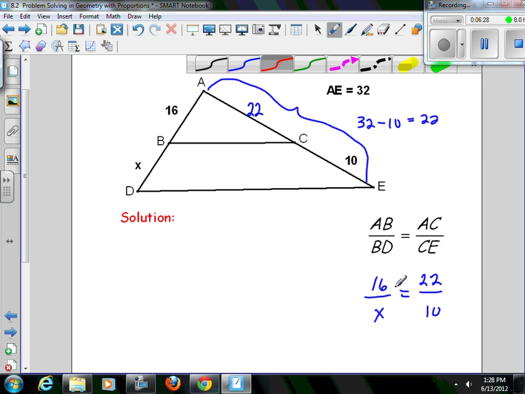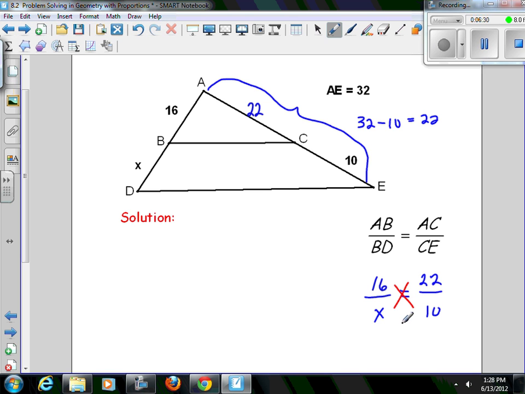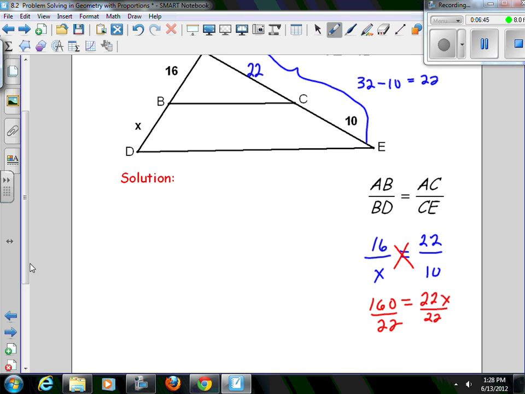Now we're ready to cross multiply. So we have 16 times 10 is 160, and 22 times X is 22X. Now to get X alone, we're going to divide each side by 22.